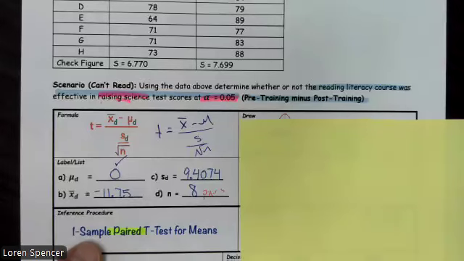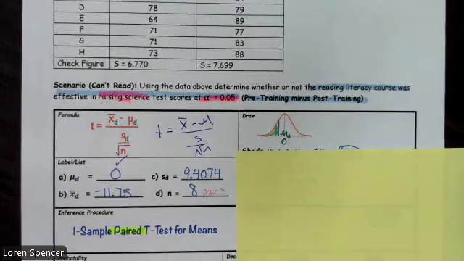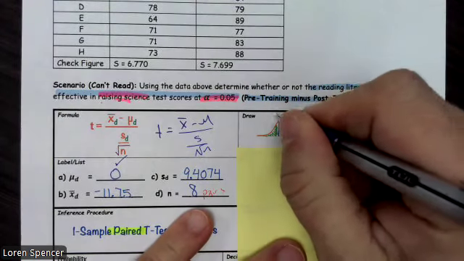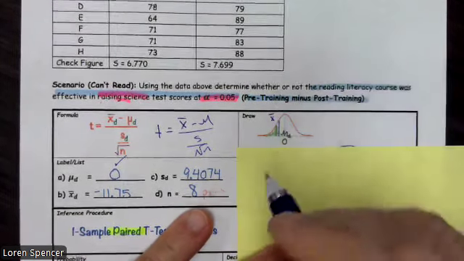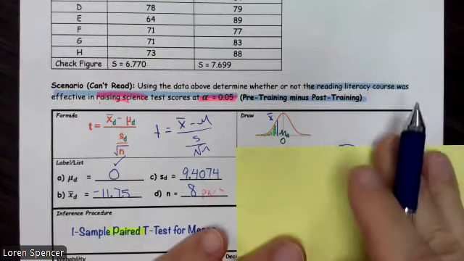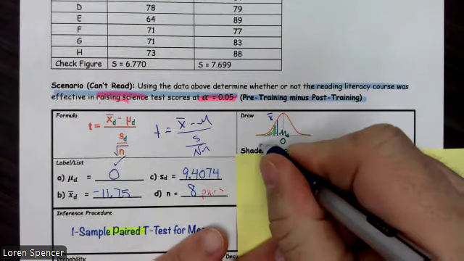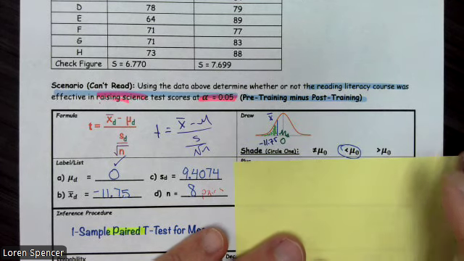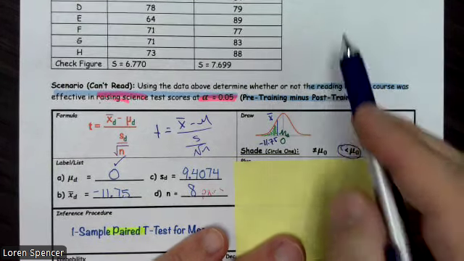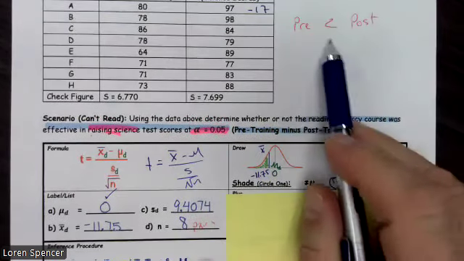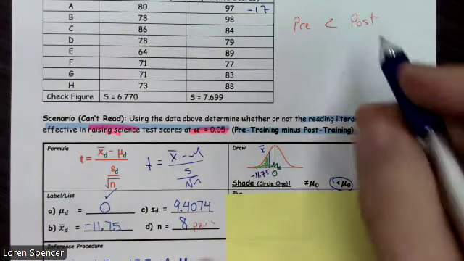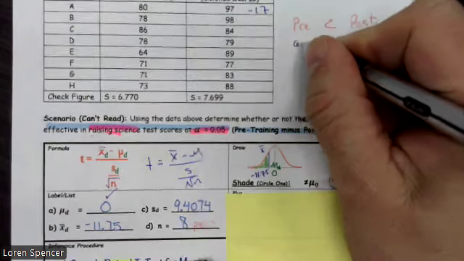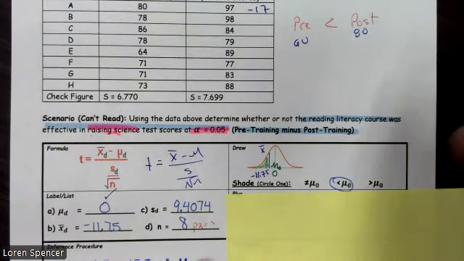So our drawing is going to be centered on 0. And we calculated here an x bar of negative 11.75. Earlier we said that we expected pre to be less than post because maybe they made a 60 before and now they made an 80 because it went up.